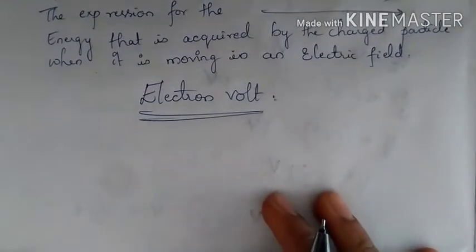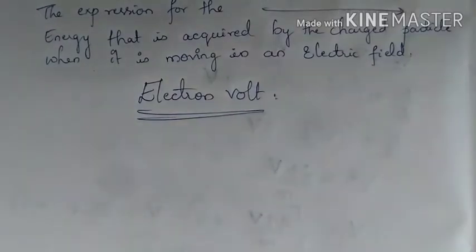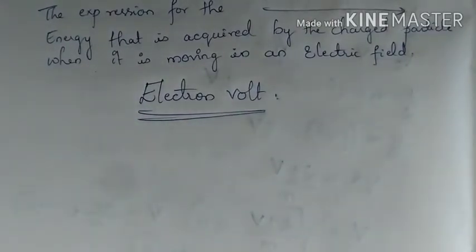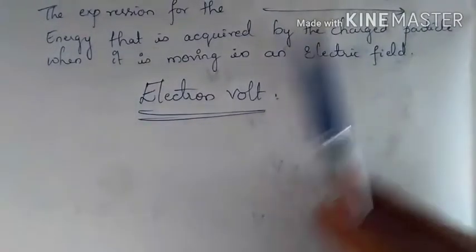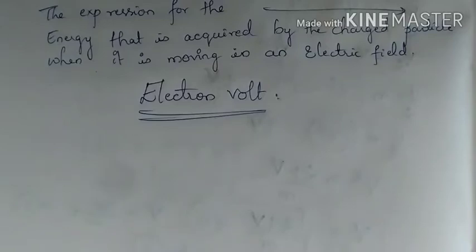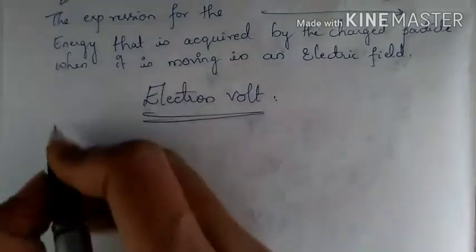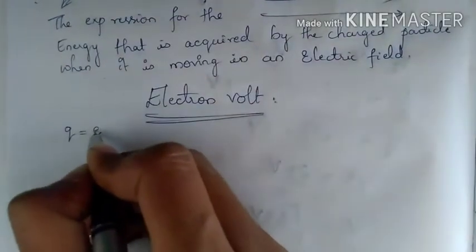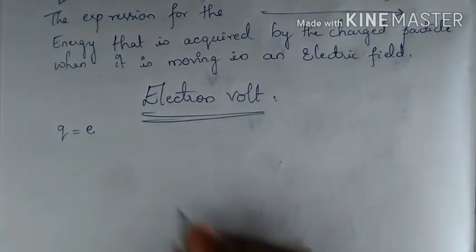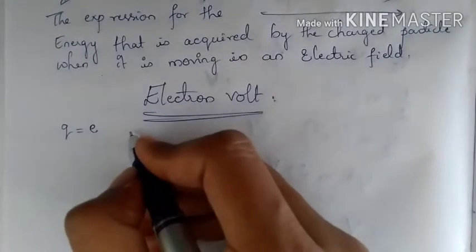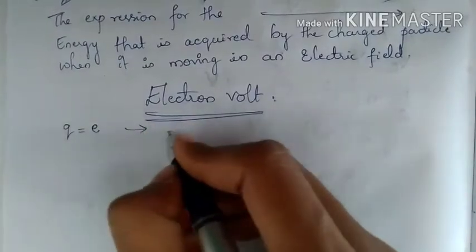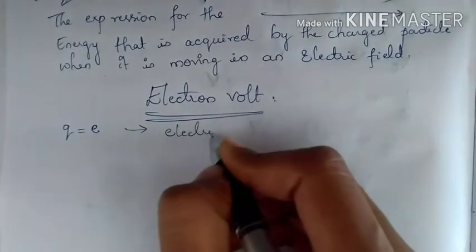If you have the charge Q, then this charged particle can be taken as the electron. Whichever charged particle you are using in this chapter, we take it as an electron. That means Q is equal to e.